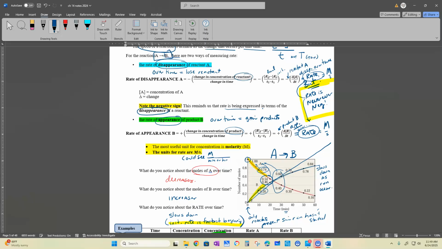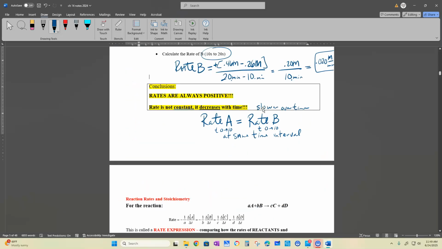That's why, I'm going to put it right here, rate of A for our experiment, A to B. The rate of A and B equal each other at the same time interval. Here's the next part. If the moles are the same for A and B. What if the moles are different? So how does stoichiometry affect rate?